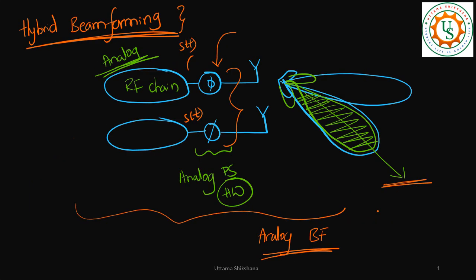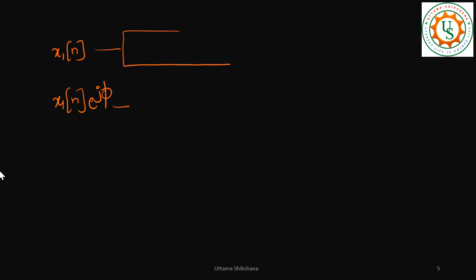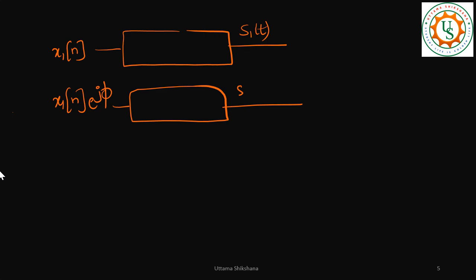So let me write it here. x1 of n, x1 of n times e to the power of j phi. I'm going to implement it here, and then the whole chain I'm not going to write. So then finally, I have S1 of t, the signal shifted by a phase shift value of phi.